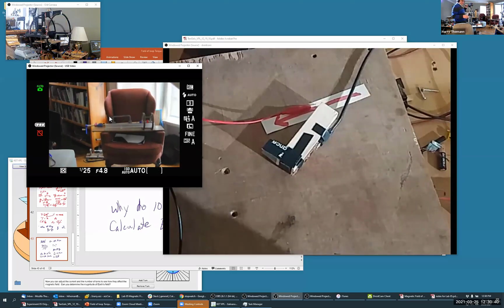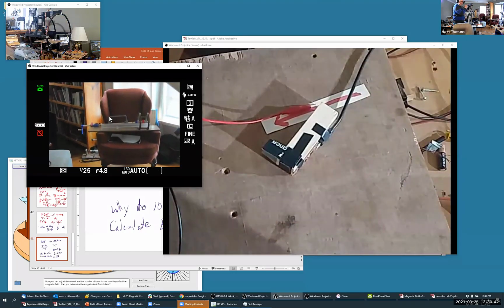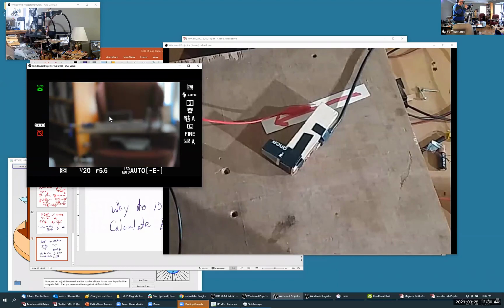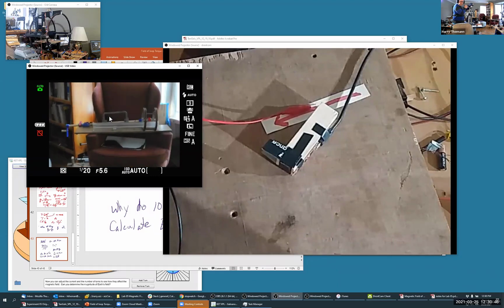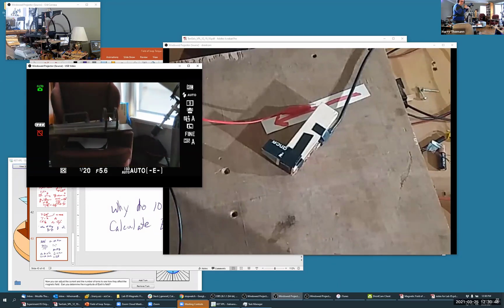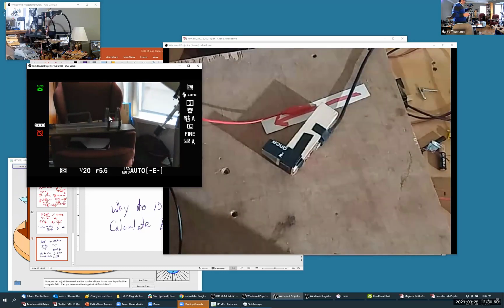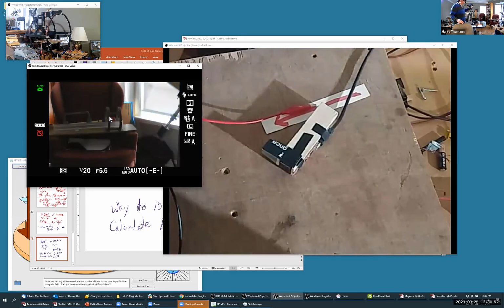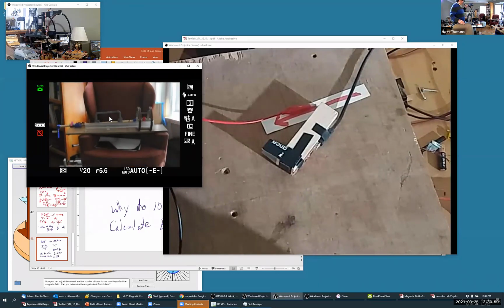In the distance there, you'll see we have these coils in miniature, the big black ones. The detector isn't on there, but there's a track that we put this detector on, and we're going to use an oscilloscope to measure the strength of the B field.